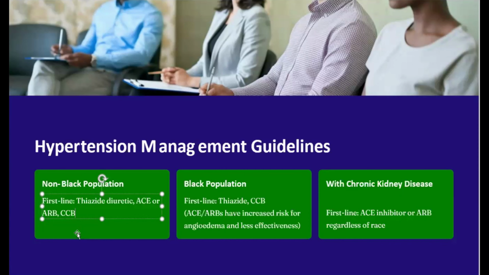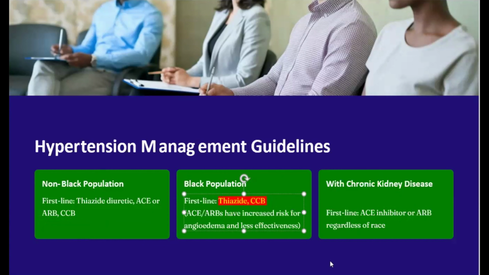So they are still not in their guideline. That is why you now have to try other things, which is the ACEs and ARBs and the calcium channel blocker for non-black. But for the black people, we use thiazide and calcium channel blocker.